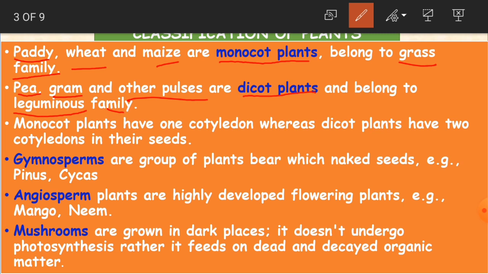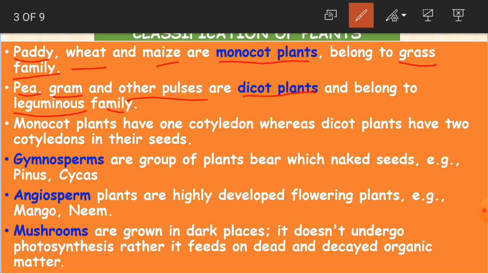When you open it, you can collect the peas from that part. That is called a pod. Okay children, even gram, like dals and all that, you will get all these covered in something that looks like a leaf, that we call a pod. Okay, these plants are called dicot plants, and they belong to the leguminous family.